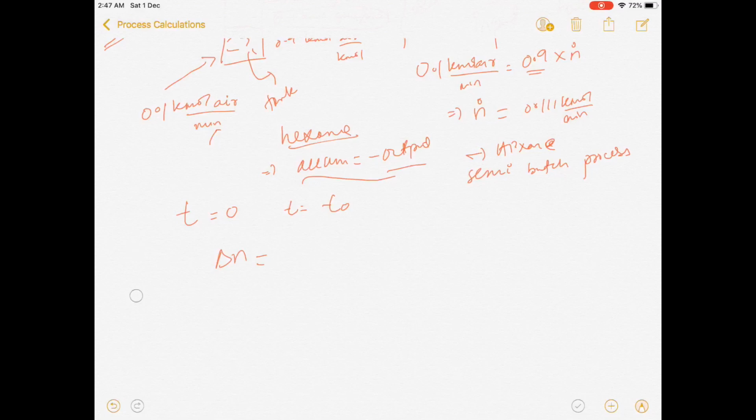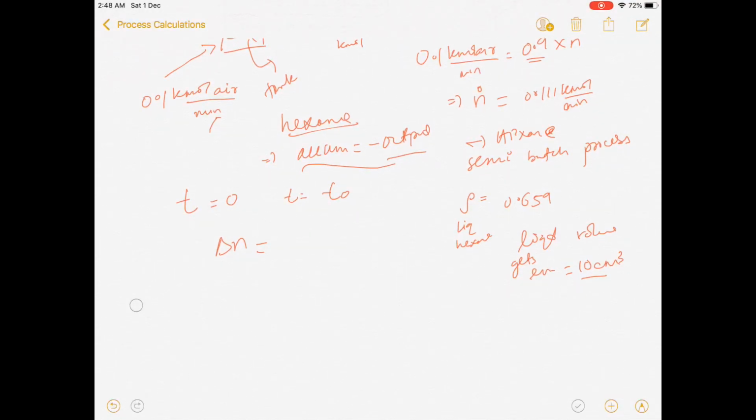We don't know the specific gravity. For the question, we can consider the specific gravity of liquid hexane to be 0.659, and the liquid volume that gets evaporated is 10 meter cube.